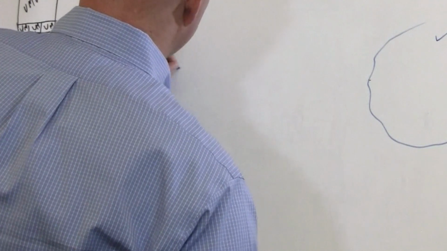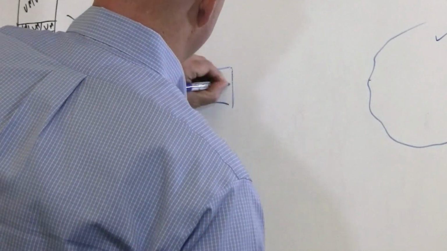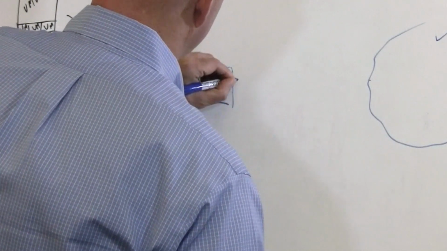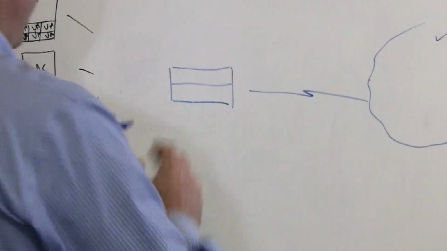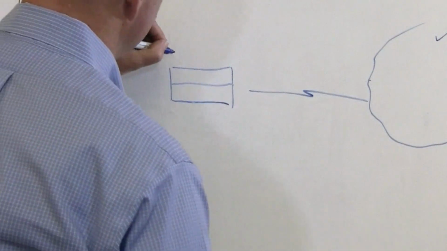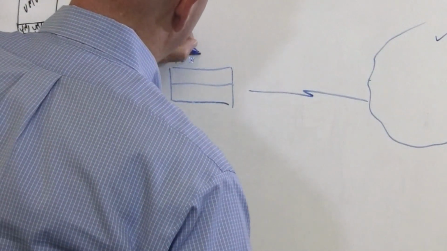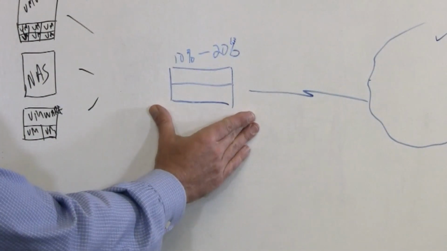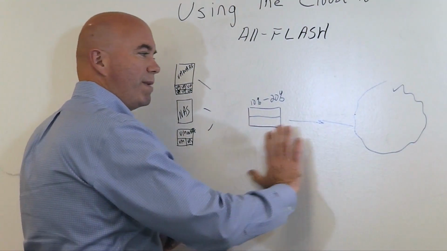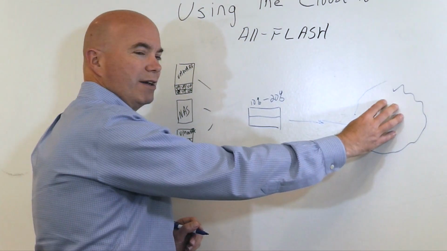And so what we end up with is what looks like an all-flash array here, but with a back end that's connected to the cloud. And so what happens is my working set, that 10 to 20%, is now available on flash, and then the remaining percentage goes out into the cloud.